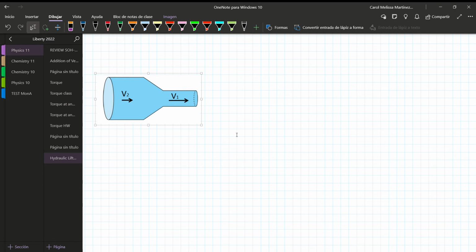The topic is continuity equation and flow rate, okay? Now, what do we need to know?